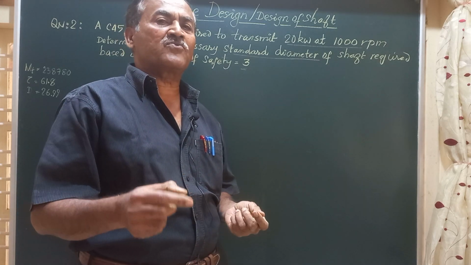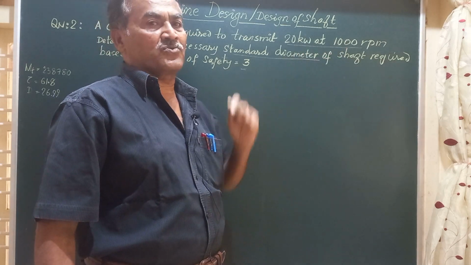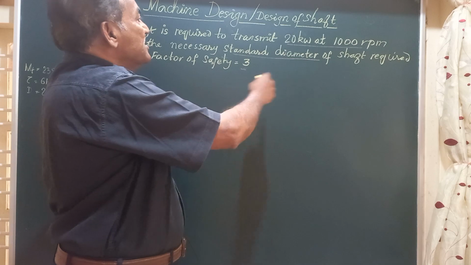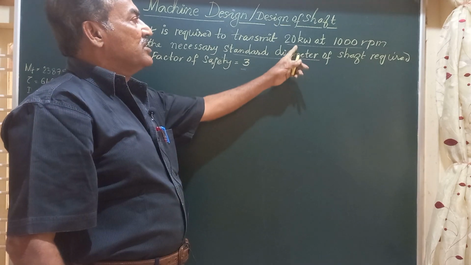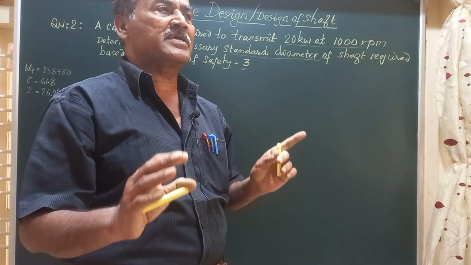Hence, you will be able to find out what is the torque transmitted based on these two parameters. Friends, no other information is given here. So, it is a problem on a shaft subjected to only torque.